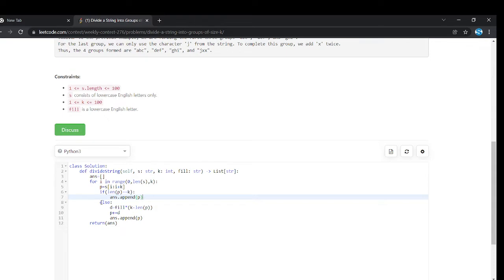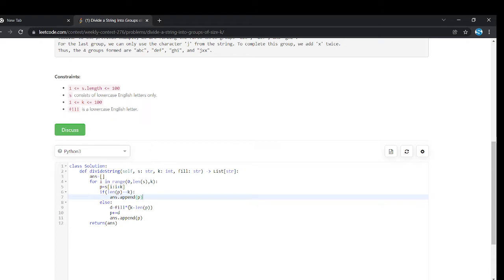If no, then we need to find out how many spaces are left in the group, whichever group we have created by this slicing operation. That group will have some members, but the number of members is not equal to the number of members required, which is specified by the value of k.